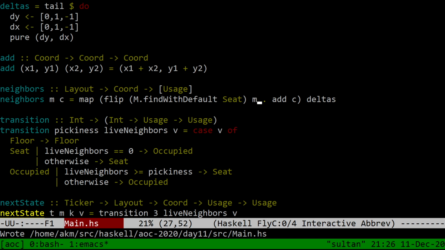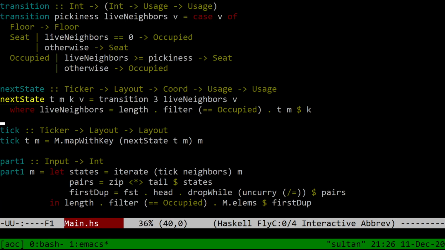Well, this is a little bit problematic. Oh, transition is pinned to 3 still, though, huh? Wait, why 3? Should have been 4?